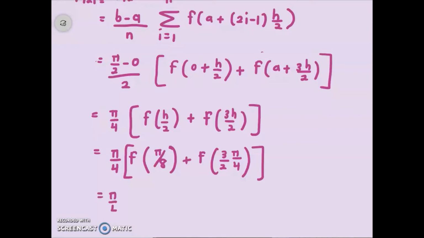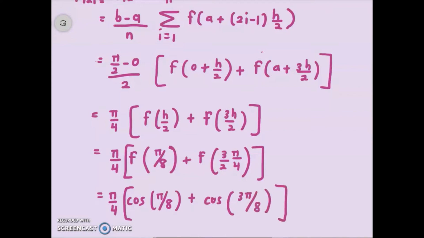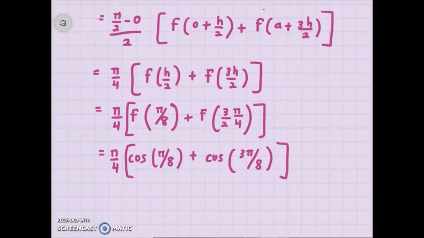So this is cos pi over 8 plus cos 3 pi over 8. This is what we get if we use the composite midpoint rule.